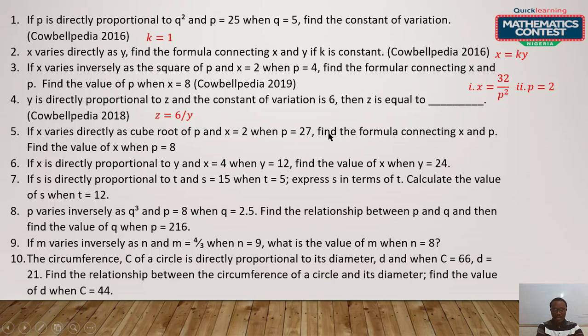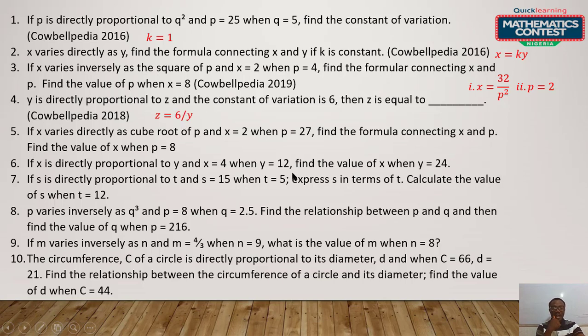So to get z, let me say it again. If y equals 6z, to get our z is y over 6. That should be the answer. So z will be equal to y over 6. Kindly ignore the earlier answer.